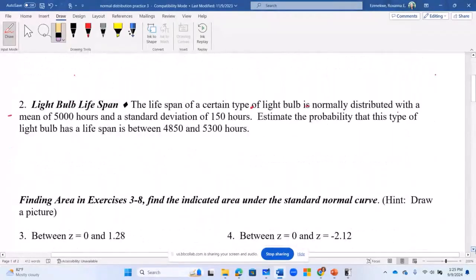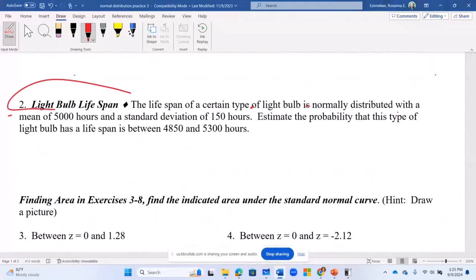Light bulbs. You see, engineers use the normal curve. The reason why I'm doing real life examples of the normal curve is that the normal curve is really the beginning of statistics. Remember, we talked about skewed left distribution, skewed right distribution, uniform distribution.